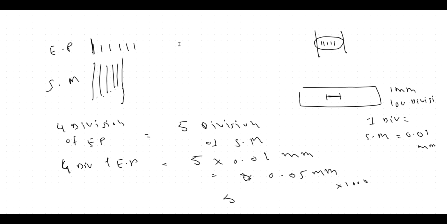If this was the size of any of my organelle, I can find the size of my white blood cell. In the same way, I can also find the size of 1 division of the eyepiece, and for that I have to divide 50 with 4.